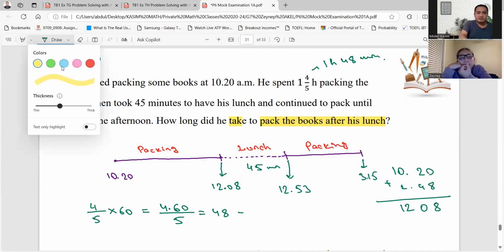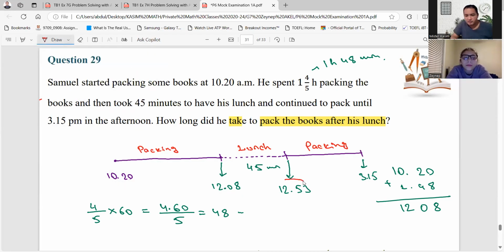Now Zeynep, tell me, how many minutes are there between 12:53 and 3:15? No, what is it in hours and minutes, Zeynep?